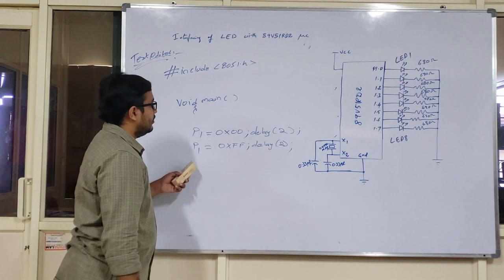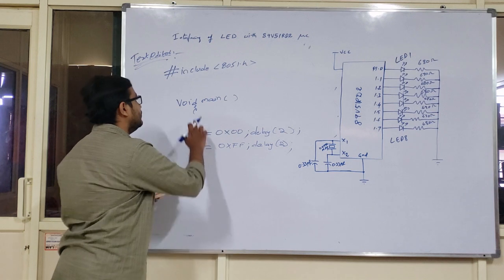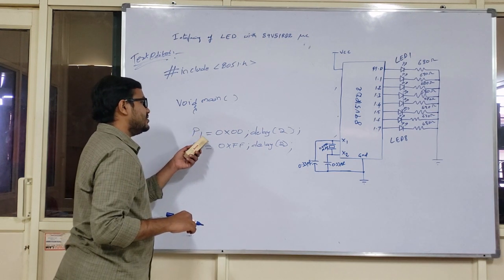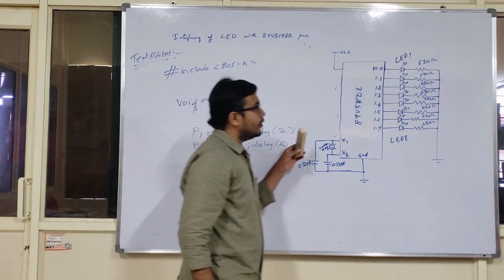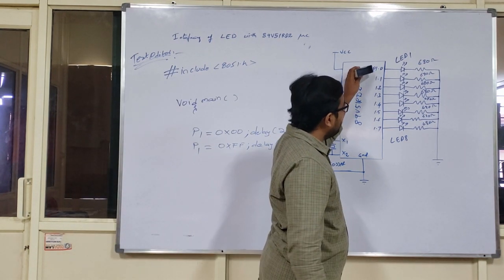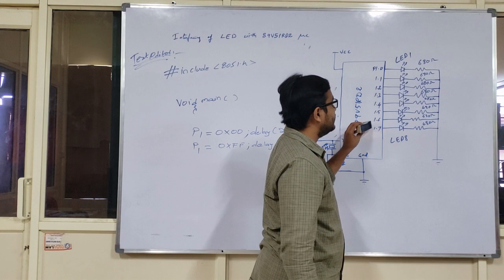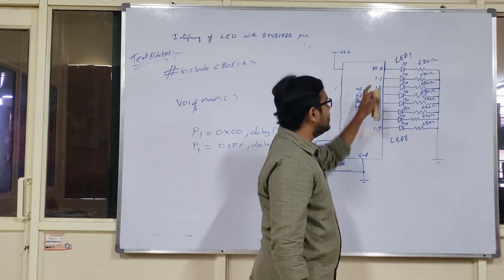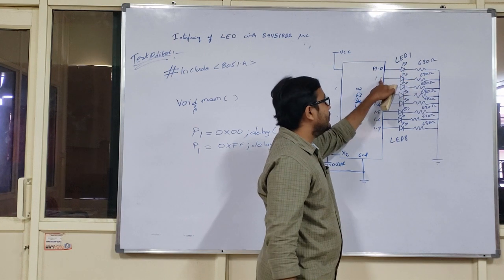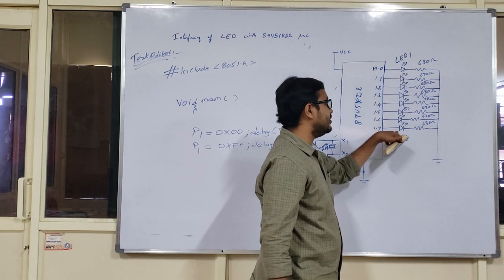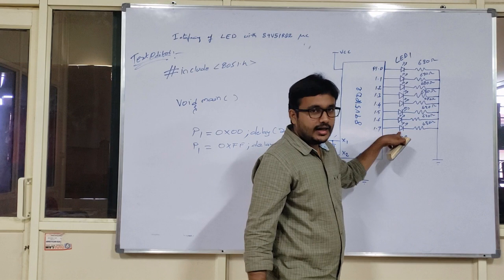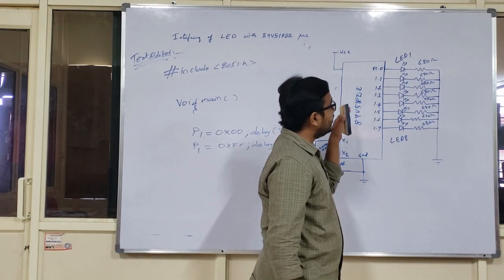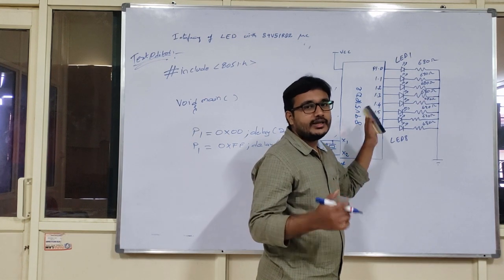Now inside my program I have used two instructions. As for your port 1, each and every pin of port 1 is connected to the corresponding LED of your Oasis kit. That means P1.0 is connected to the first LED, then P1.1, 1.2 and up to P1.7 is connected to the last LED. Can I say these are in a proportionate action?